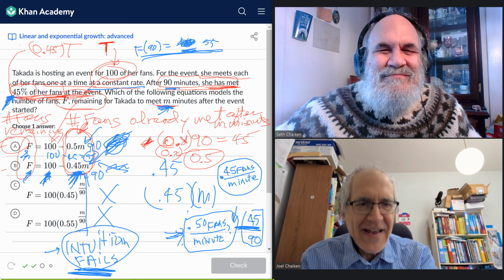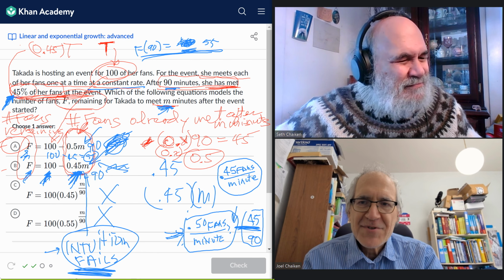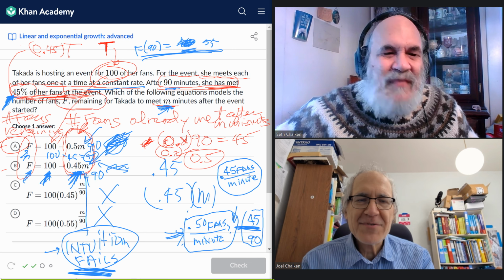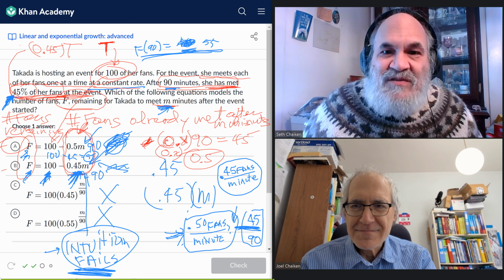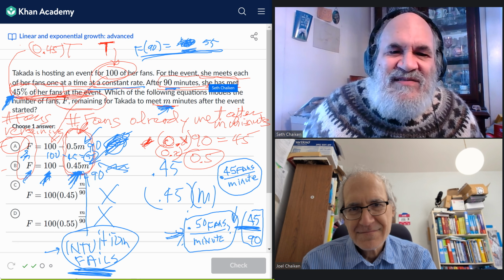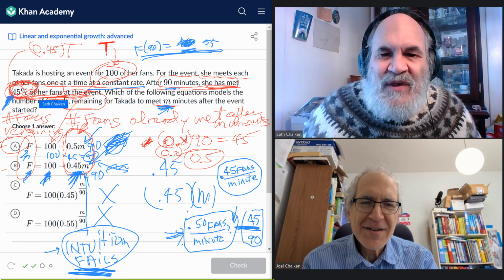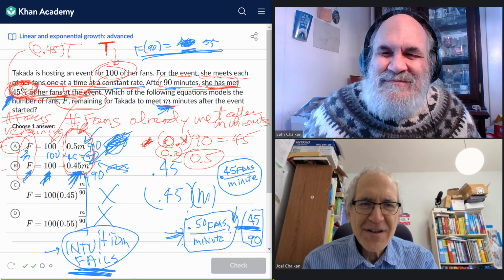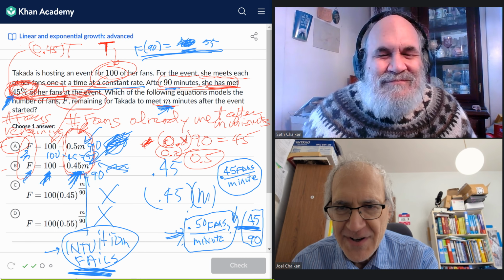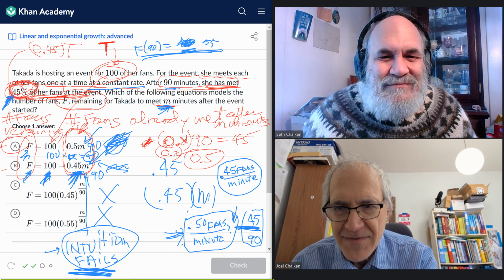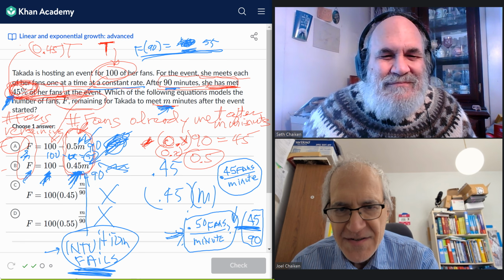If I do the problem not worrying about percent, I don't even worry about percent. You have to worry about percent because the statement of the data says 45% of the fans were met. Let me finish talking. If you look at the analysis of the units, you realize that the unit of these numbers has to be fans per minute.